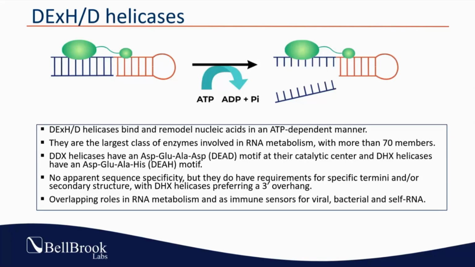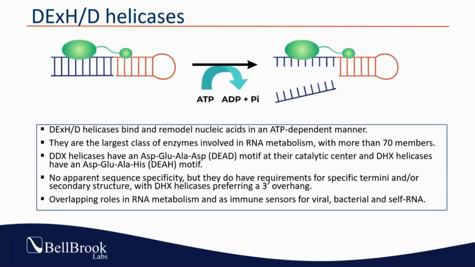So it's more of a one and done type of mechanism where they bind and they hydrolyze ATP, and it's not necessarily stoichiometric. They can hydrolyze a lot of ATP to displace a single strand, and then that by distorting the RNA, they actually cause it to displace.